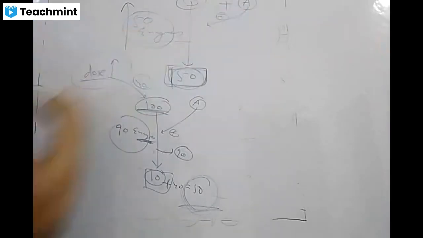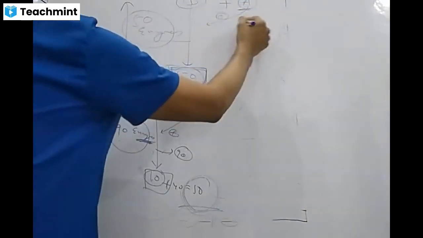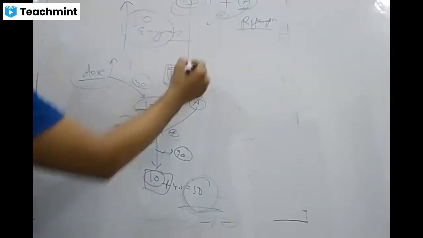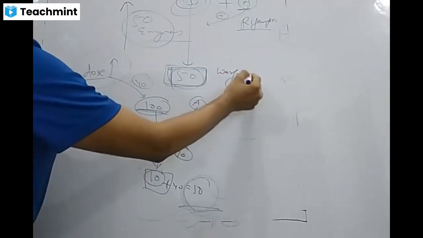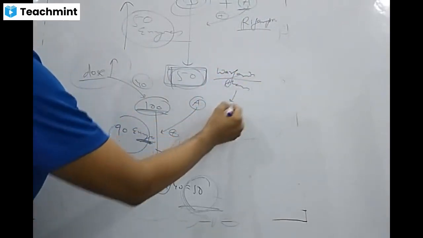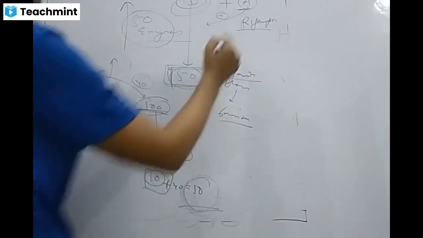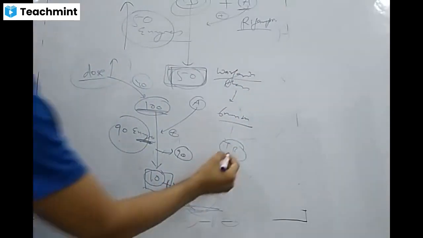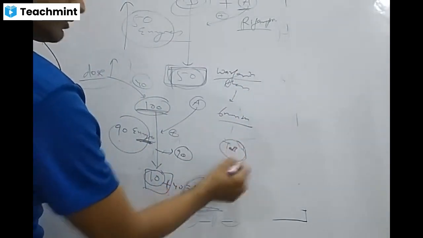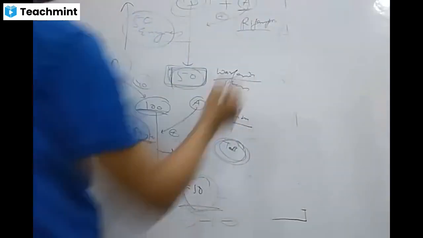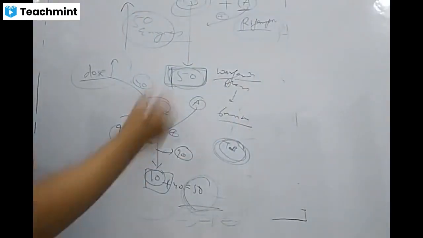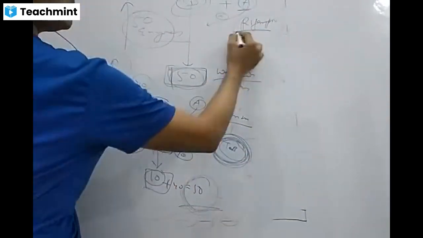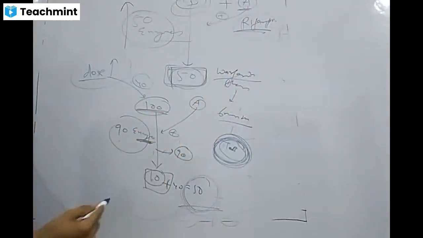And in case of A, you can put any example like rifampicin. Suppose there is a patient on warfarin therapy. After 6 months, what happens? He developed tuberculosis, and the doctor started giving him rifampicin. After giving this rifampicin, it caused enzyme induction.